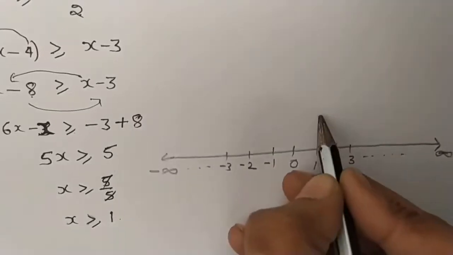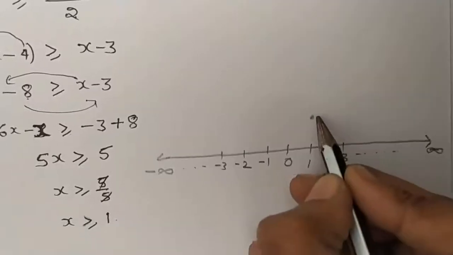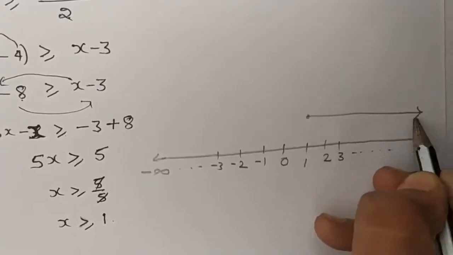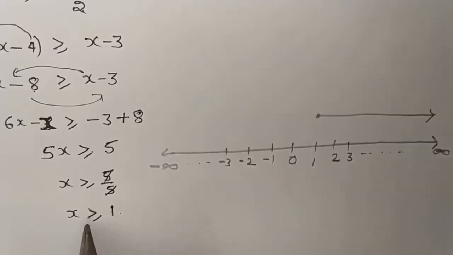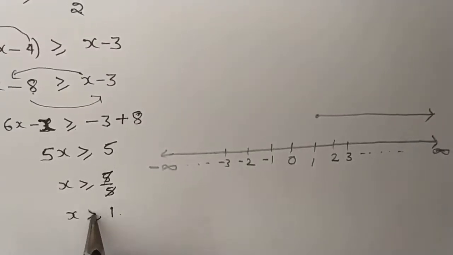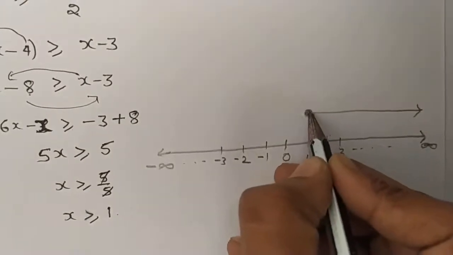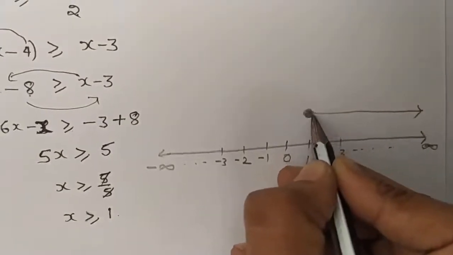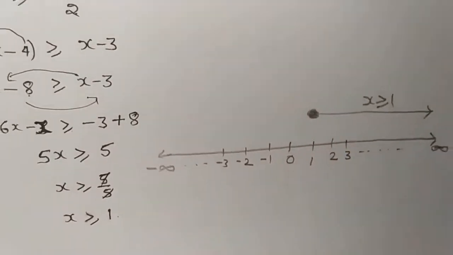Where it is 1, here it is 1. Take it to the right. Is 1 included or excluded? Greater than or equal to is nothing but 1 is included. x is greater than or equal to plus 1.